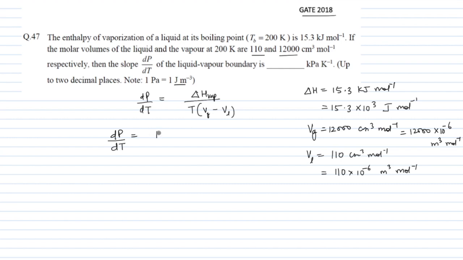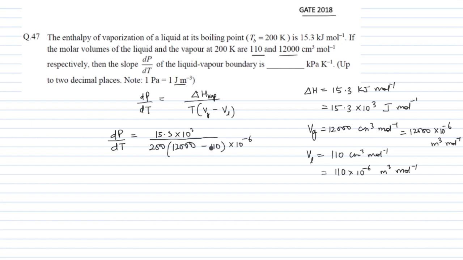Delta H will be 15.3 into 10 to the power 3. That's what I will get in the numerator, divided by 200 in the place of temperature, and for volume of gas, 12,000 minus 110 and into 10 to the power minus 6. So I have just taken these two things common from both sides, so I have taken it outside.